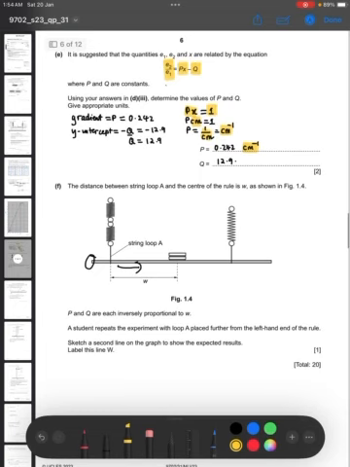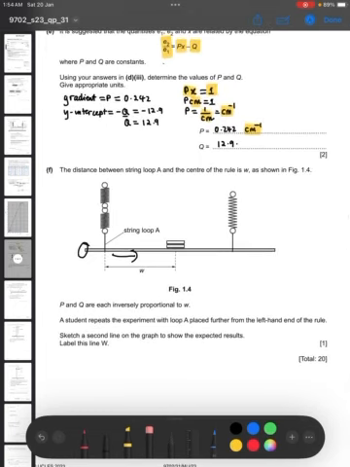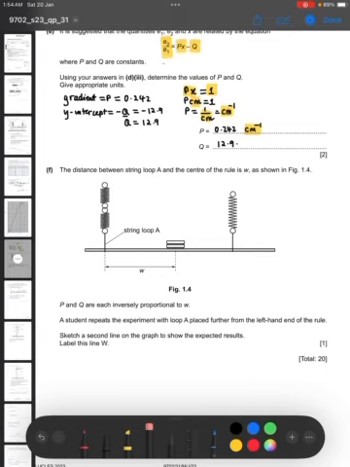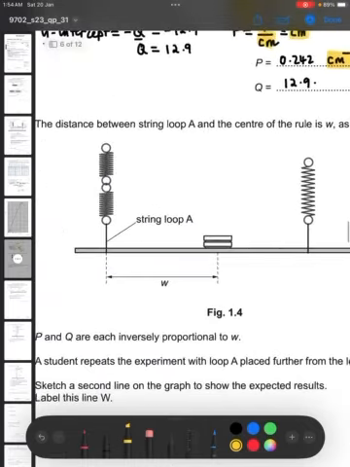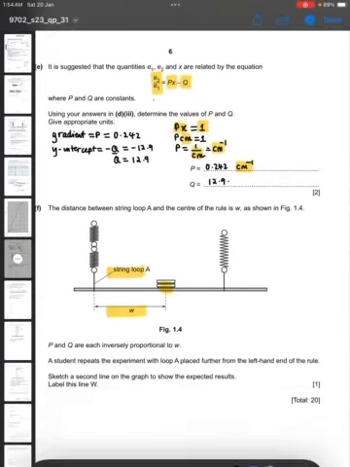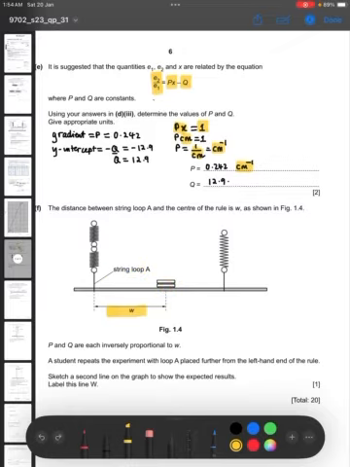Then we proceed, of course, to the next part of the question. We need to read the question carefully and understand it. The question says the distance between string loop A and the center of the row is W. I believe we can see this W. That's the distance between the string loop A and the center here, as shown in figure 1.4.